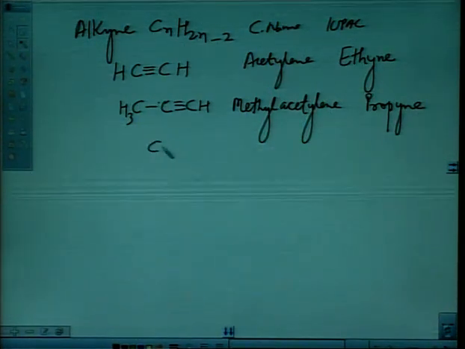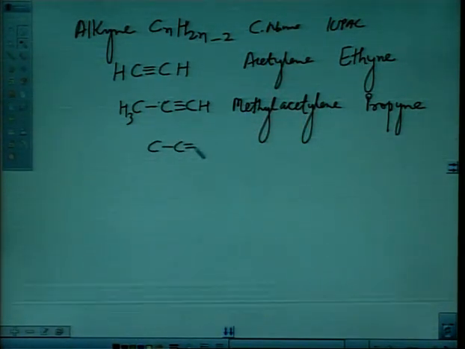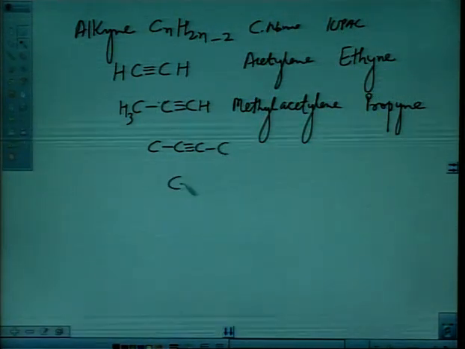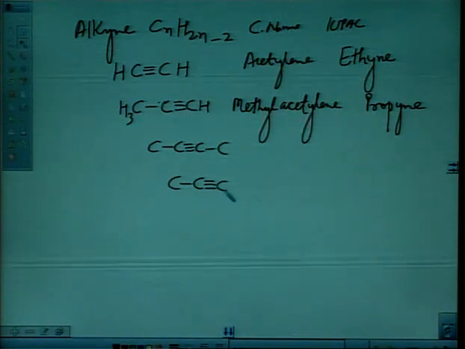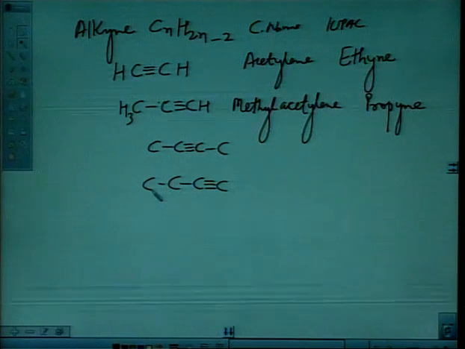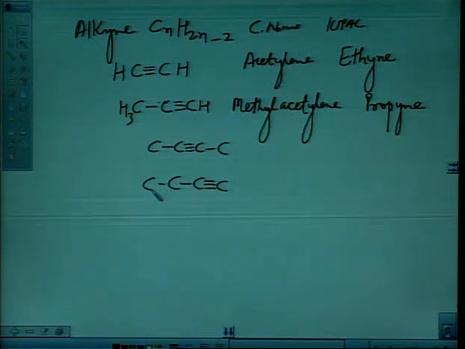So if I write 4 carbons here, there are 2 types of 4 carbon compounds, in which the triple bond is at the second position and the triple bond at the first position.